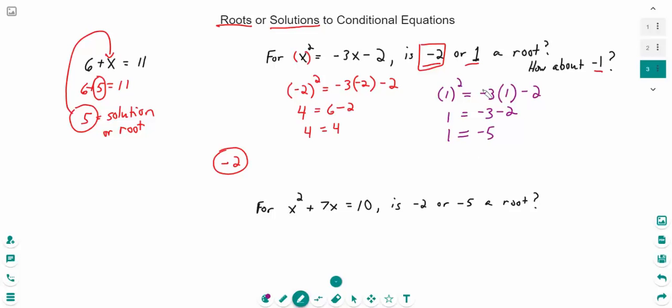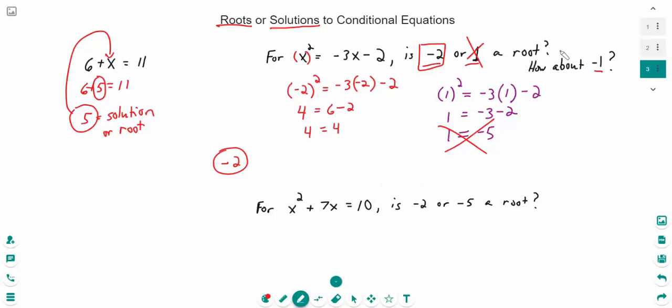So here we've figured out the value for the expression on the right side and on the left side of the equation, and we end up with 1 equals negative 5, which is not true. That's a false equation, right? That's a false statement. 1 does not equal negative 5. So therefore, 1 is not a root for this particular equation.